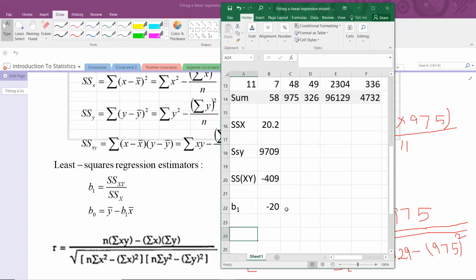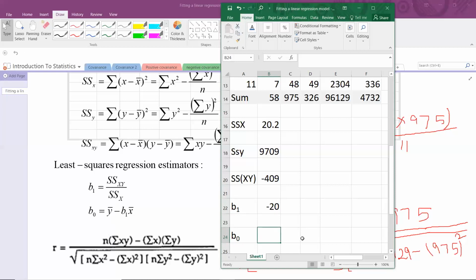Now we are computing the B naught. The formula is y bar minus b1 x bar.